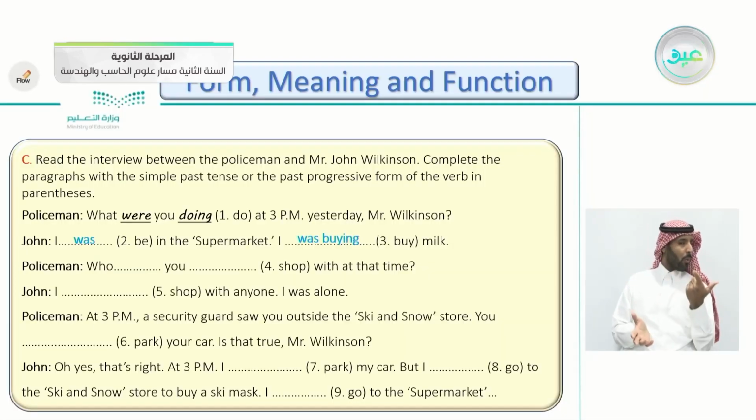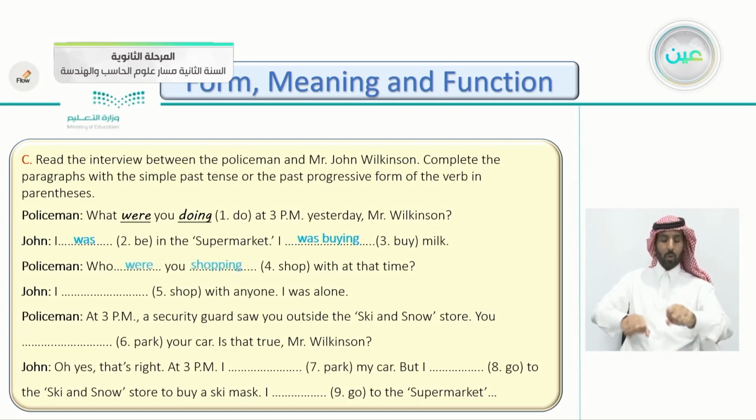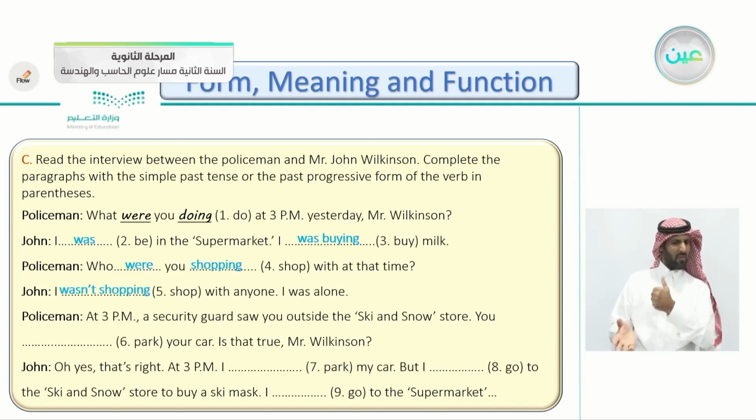Who were you shopping with at that time? Very good. John, I wasn't shopping with anyone. I was alone. So this tells you how to answer. I was alone. Yes, I wasn't shopping with anyone because he said here I was alone.